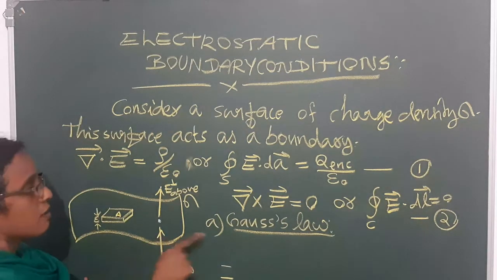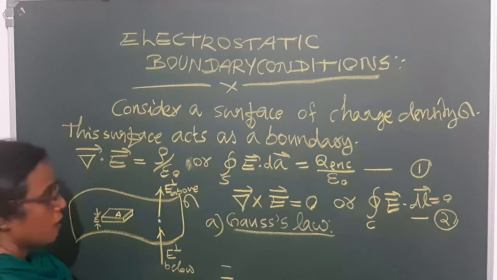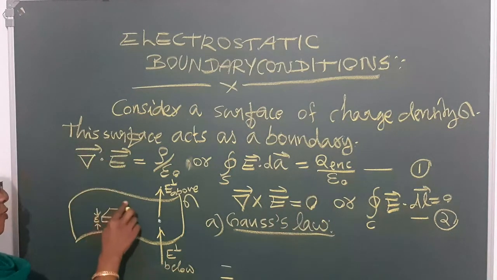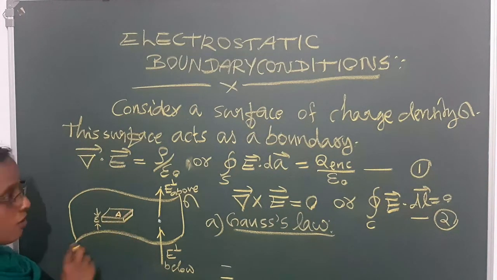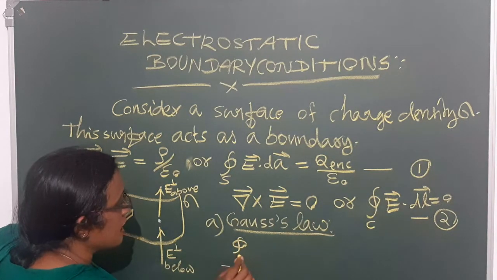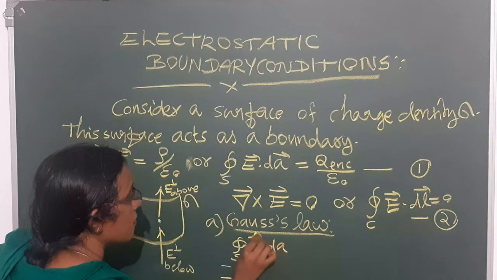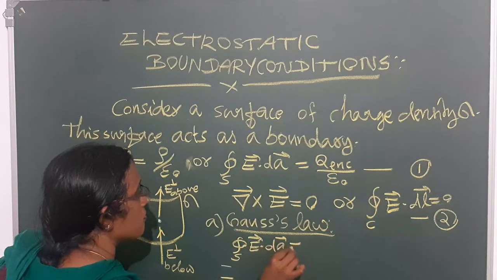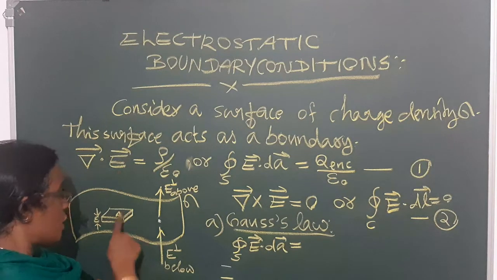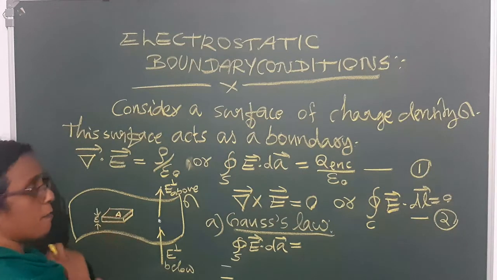Here, in this case, the surface integral of E dot dA for this Gaussian pillbox equals Q enclosed by epsilon 0. Q enclosed means the charge enclosed by this pillbox.